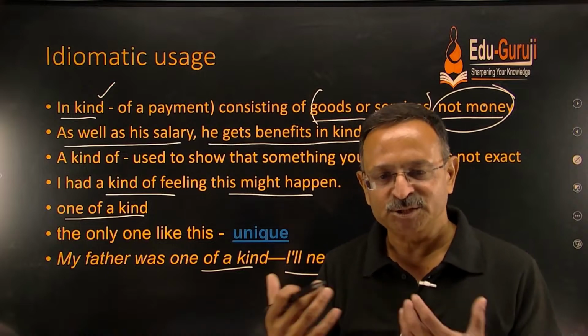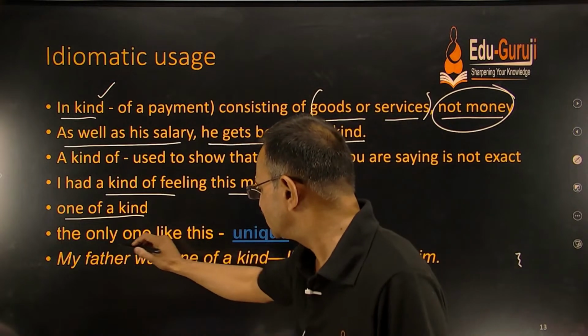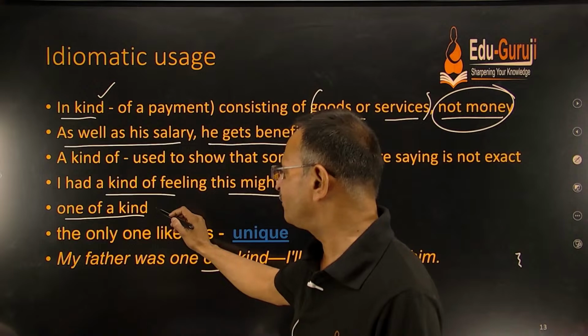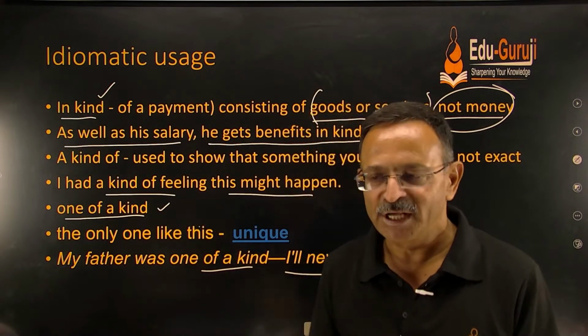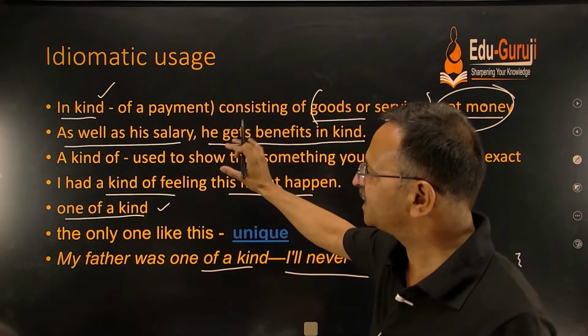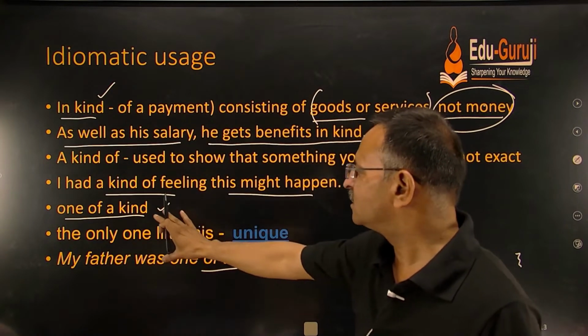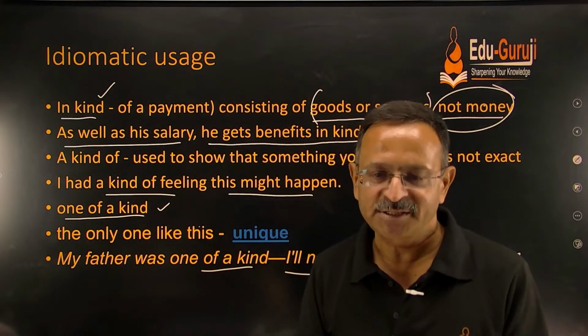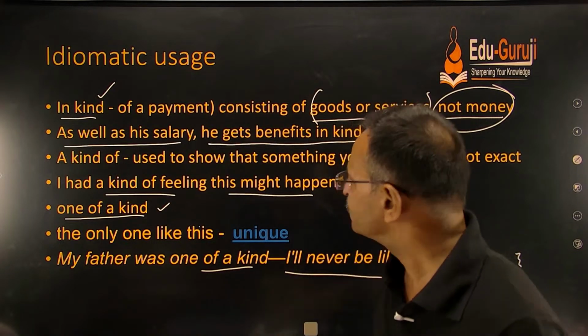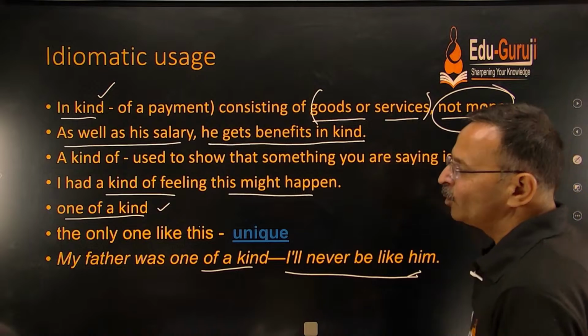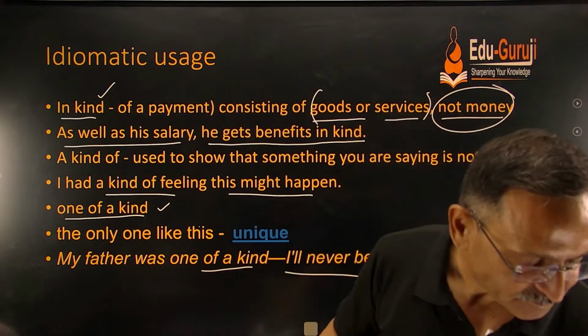So he was unique. So three meanings: in kind, a kind of, and one of a kind. Three idiomatic ways we can use it. I hope this is pretty clear to you.